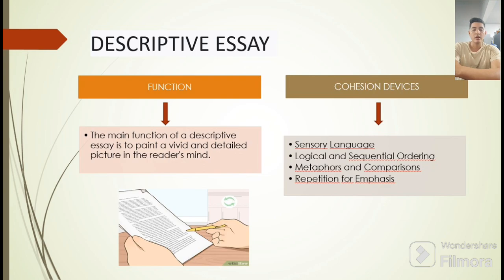Metaphors and comparisons: employing rhetorical figures to make descriptions more vivid and understandable, comparing elements to something familiar. Repetition for emphasis: repeating certain words or structures to highlight specific aspects and reinforce the overall impression.